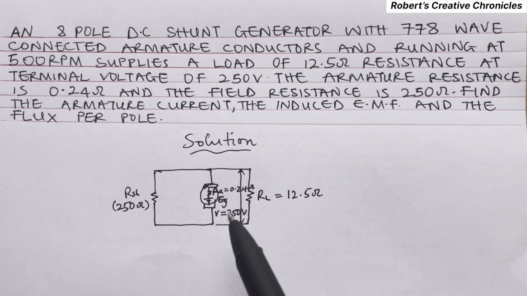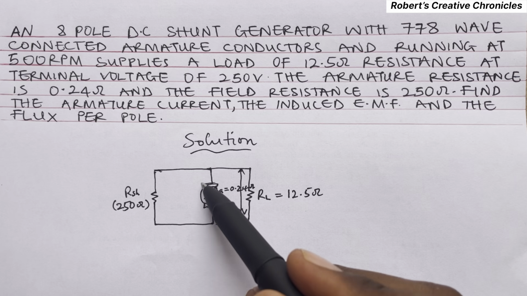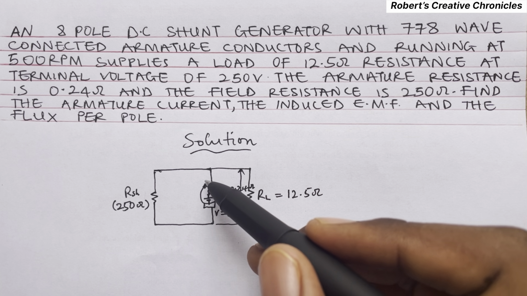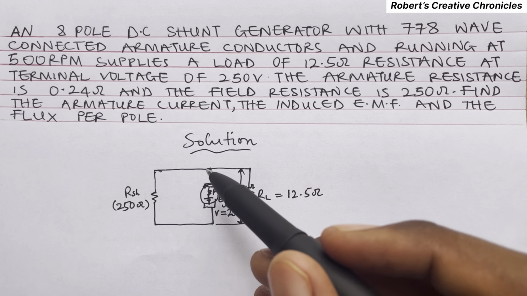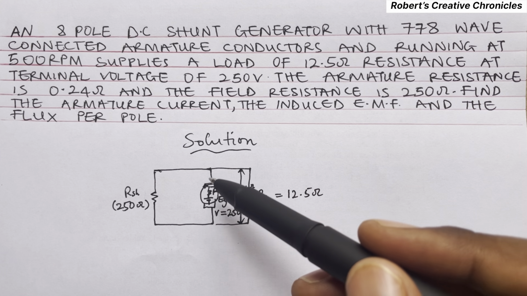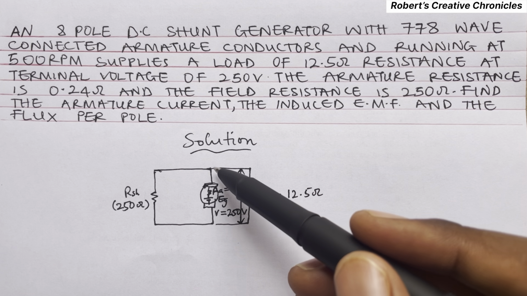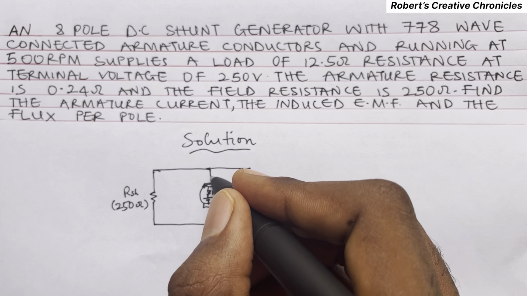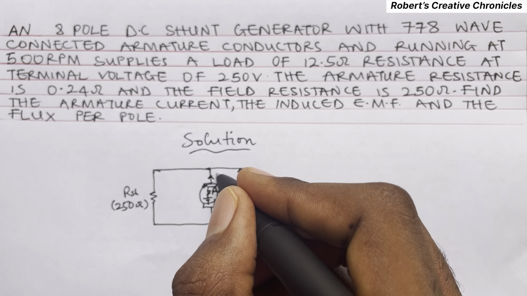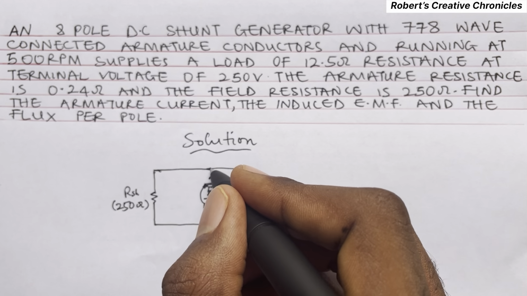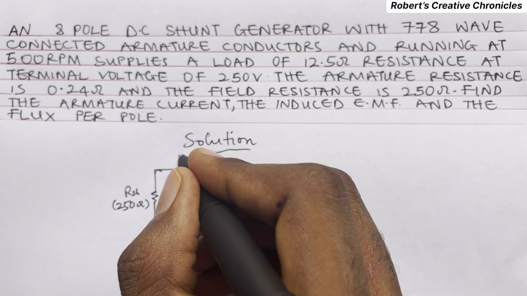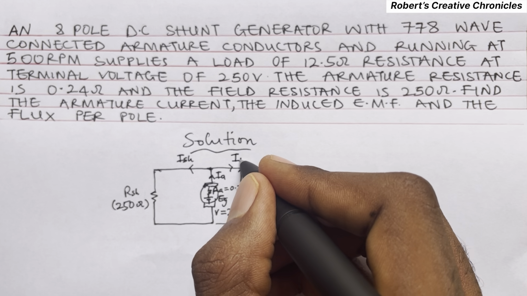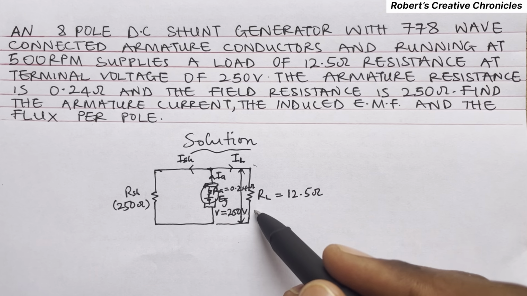Now, the most important part is the direction of current flow. This direction of current flow is usually confused by most people because they don't know the direction of current flow for DC motors, and they don't know that of DC generators. The current flows from the armature, here is IA, and splits at this point to produce the shunt current and the load current that flows here.